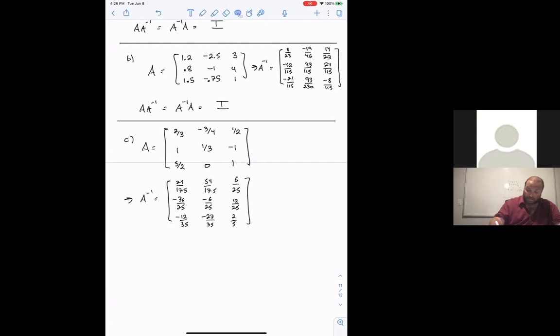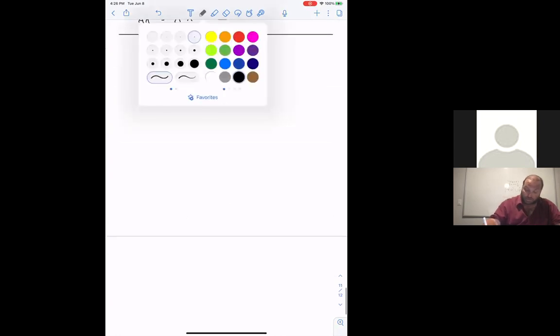And again, we'll just assume, I'll assume, you prove it, that A inverse times A is equal to that matrix. Okay, moving on.